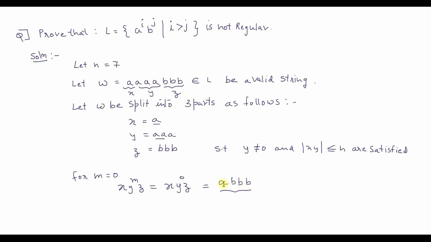As a result, I can say that this string does not belong to the given language, right? So this shows that this particular string does not belong to the language L. Therefore, the given language L is not a regular language.